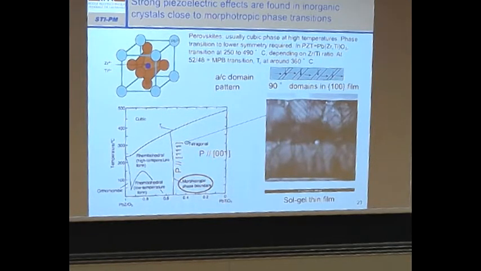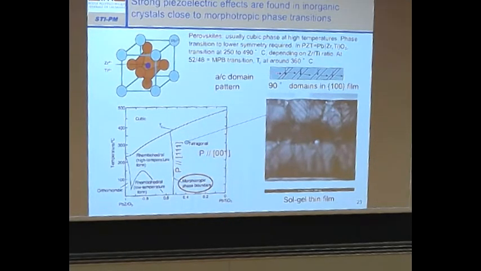Here is an example of a tetragonal film, and you see 90-degree domains. In A domains the polarization is horizontal, in C domains it's vertical. That's a famous pattern like that.